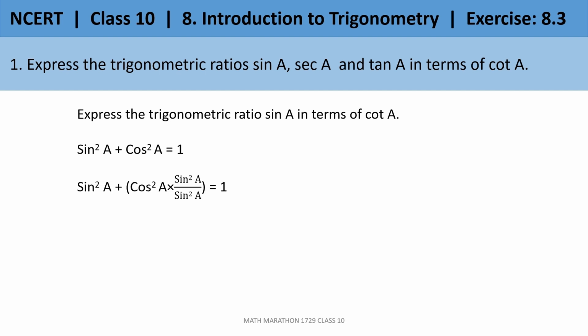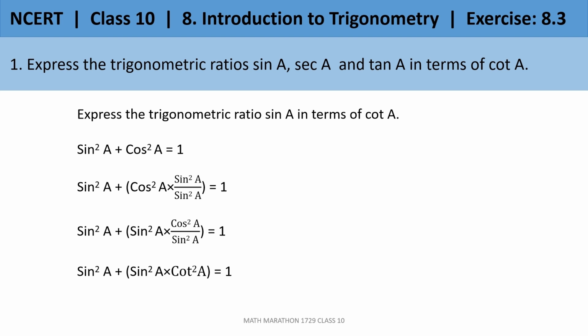Sin square A plus cos square A multiplied by sin square A by sin square A is equal to 1. We can switch places of sin square A and cos square A. Sin square A plus sin square A multiplied by cos square A by sin square A is equal to 1.